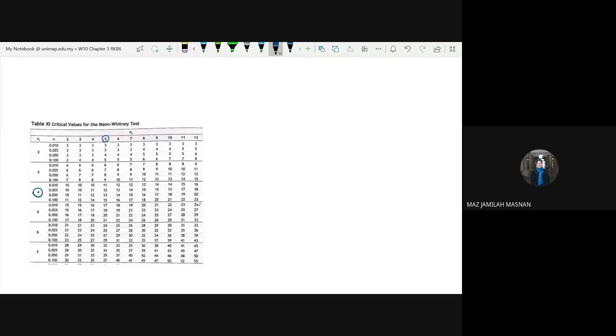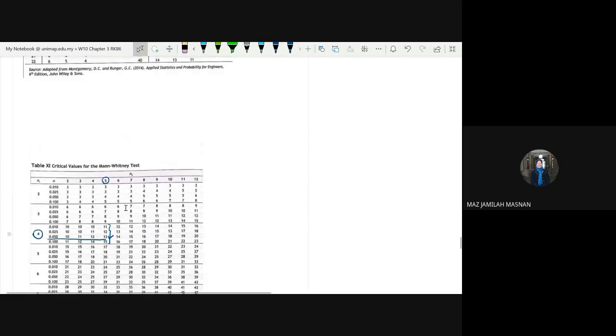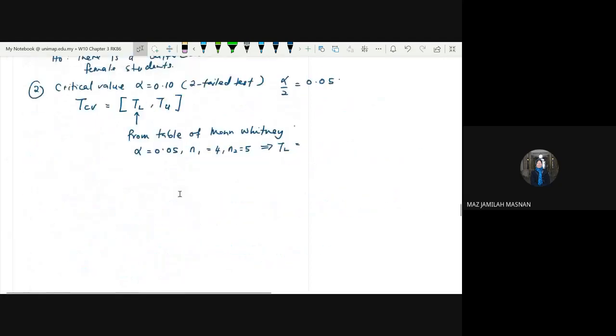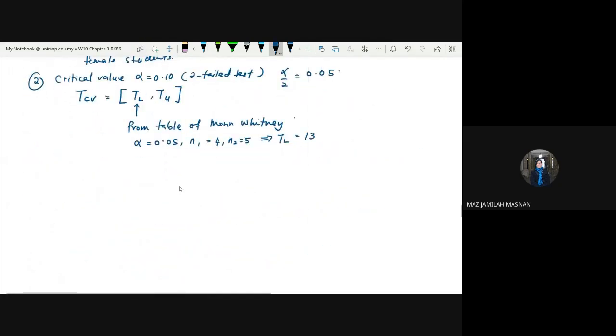You look for the value under 0.05, and you have your T lower is equal to 13.